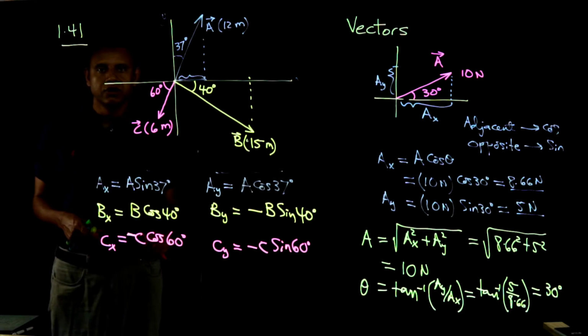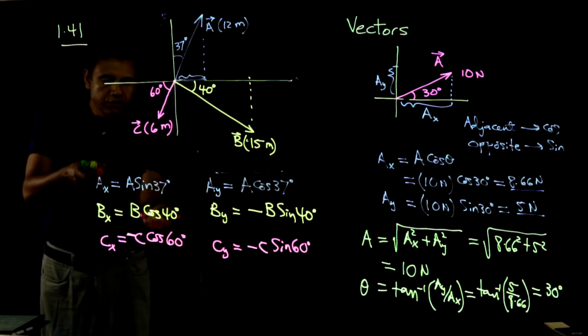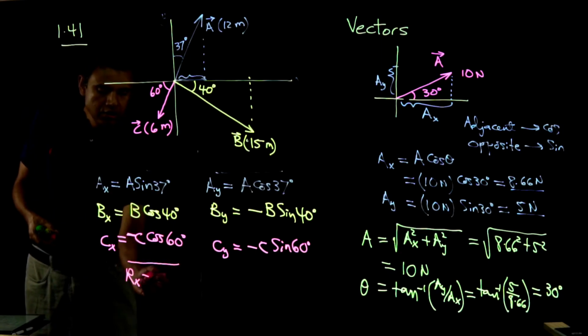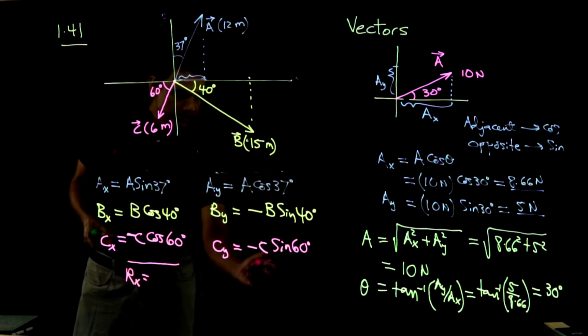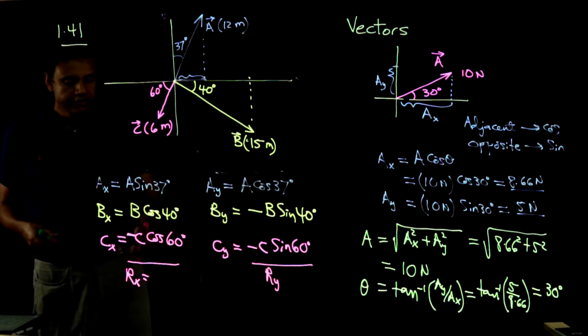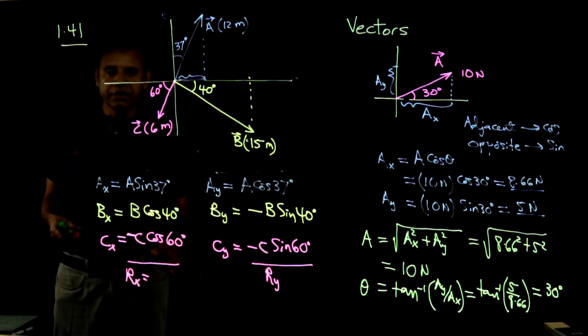Now if you want to get the resultant, what do you do? You just add all of these numbers. That would give you Rx, and you add all of these numbers, that will give you Ry, right? So that's the sum of all the x components, sum of all the y components.